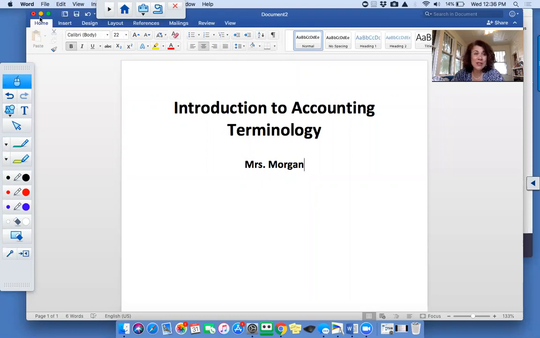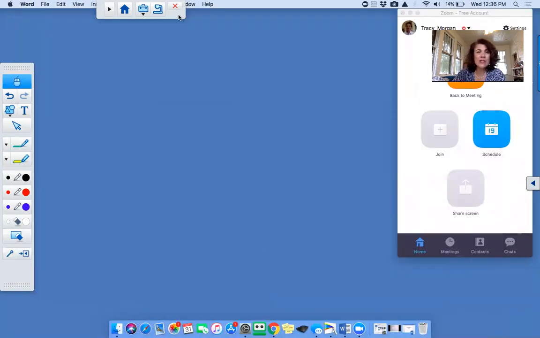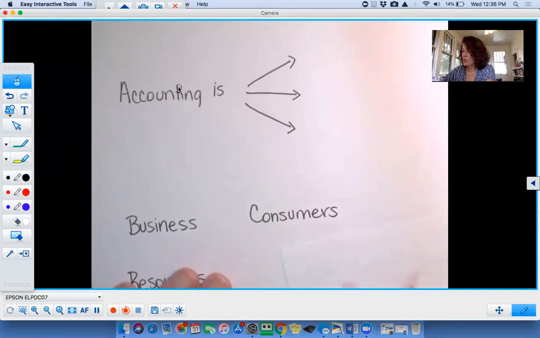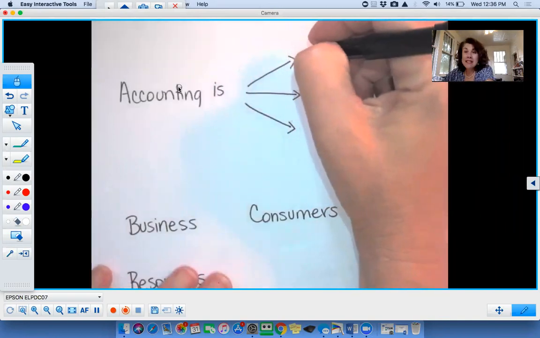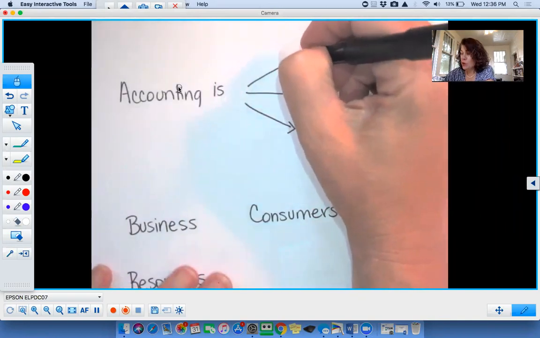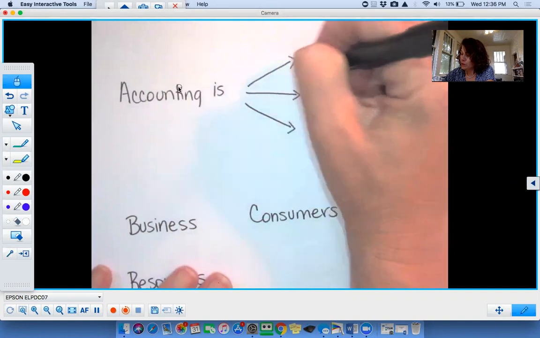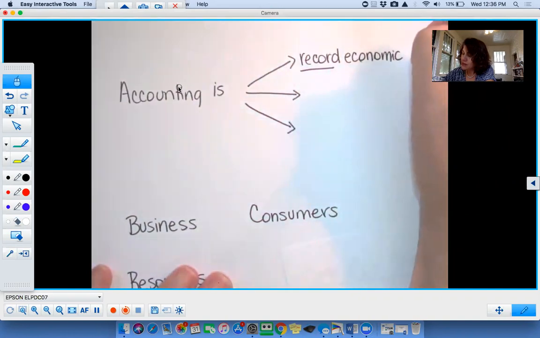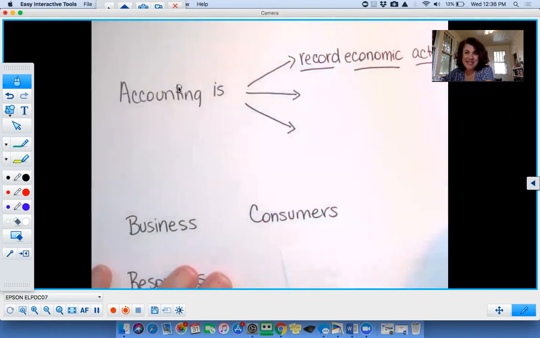So let's get started. The first thing we'll need to do is actually talk about what accounting is. Accounting is a system that is going to record the economic activities of your business.